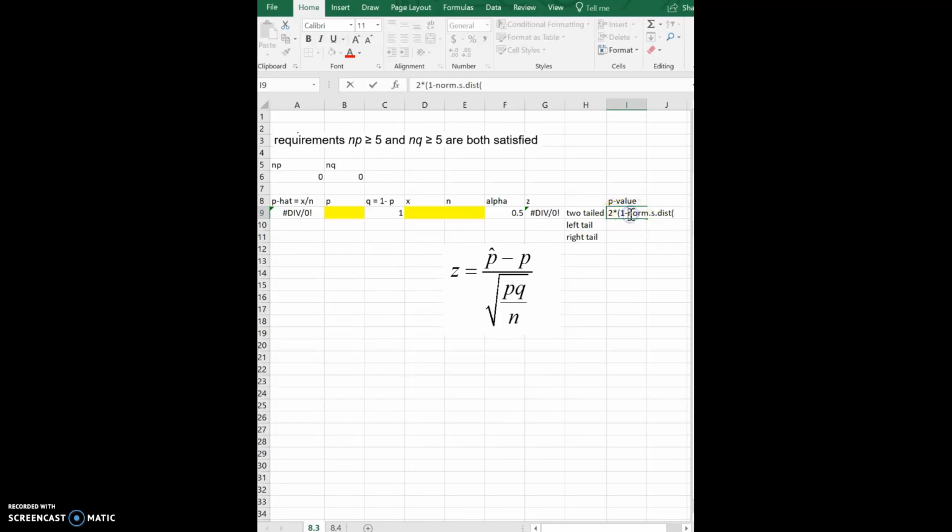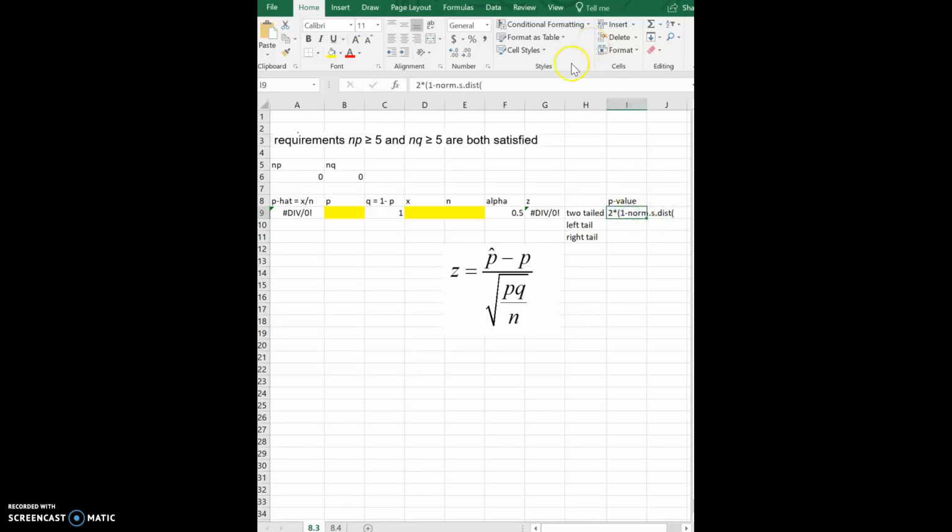You actually don't need this 1 minus. I throw it in there because it's always calculating to the left and this is calculating to the right. That's really the only difference, but this is going to give you the same thing either way. So norm.s.dist, it's a normal standard distribution, and then you're going to do your z.